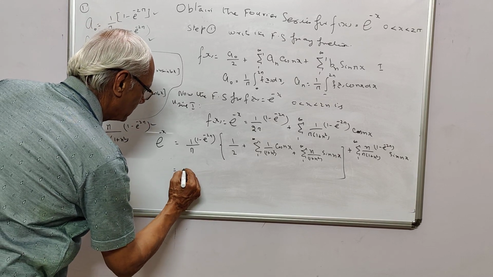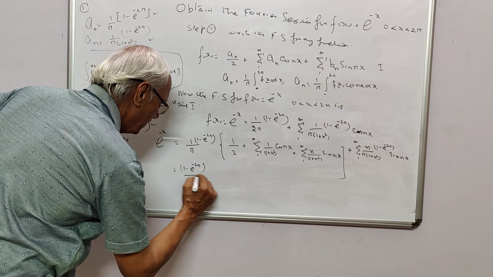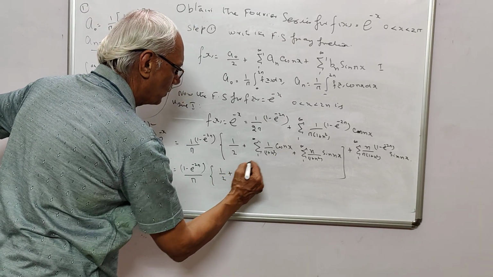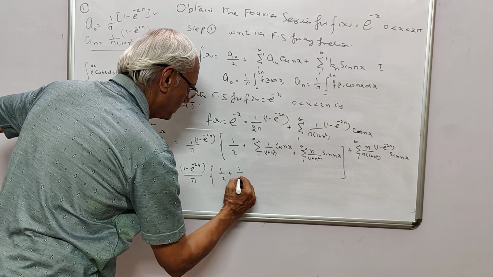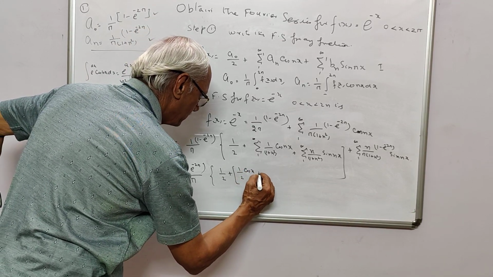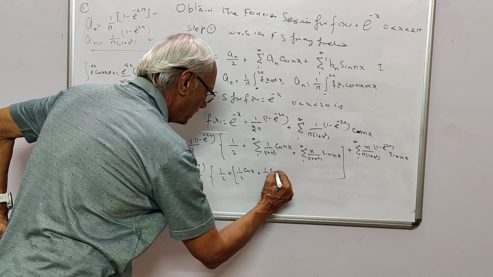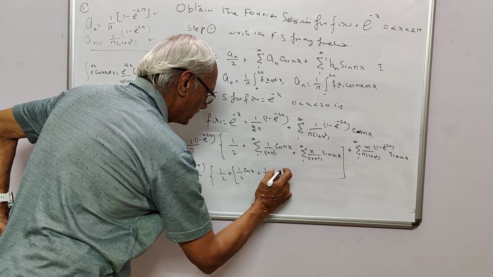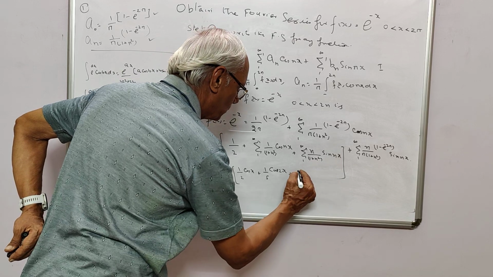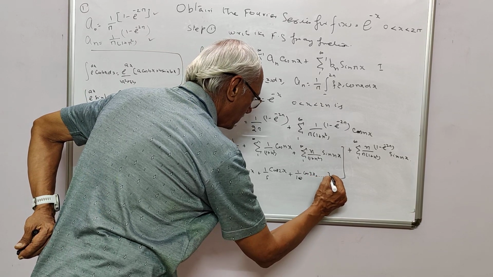So this is equal to 1 minus e to the power of minus 2 pi divided by pi into, within brackets, half plus, put n is equal to 1: 1 by 2 cos x, plus, if you put n is equal to 2, 1 by 5 cos 2x, plus, put 3 here, 3 3s are 9, 1 by 10 cos 3x. So this is what you get.